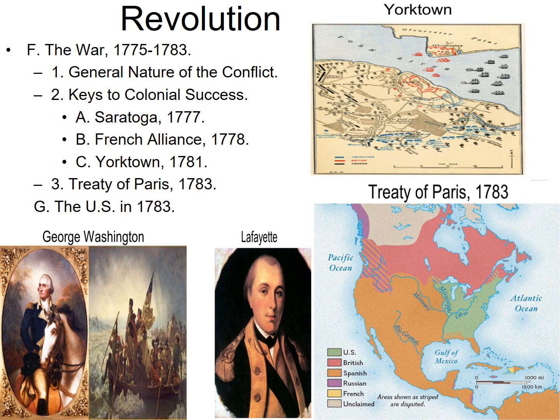All right, well, after years of guerrilla warfare, hit and run, evasion, Lafayette, through his spies, found out that the British were going to be having this big effort at Yorktown.